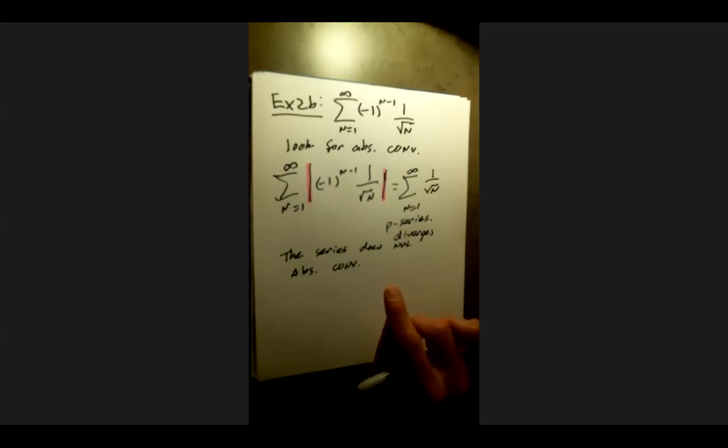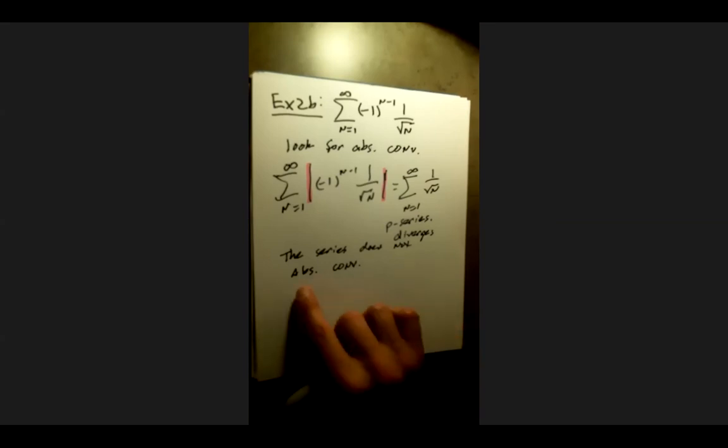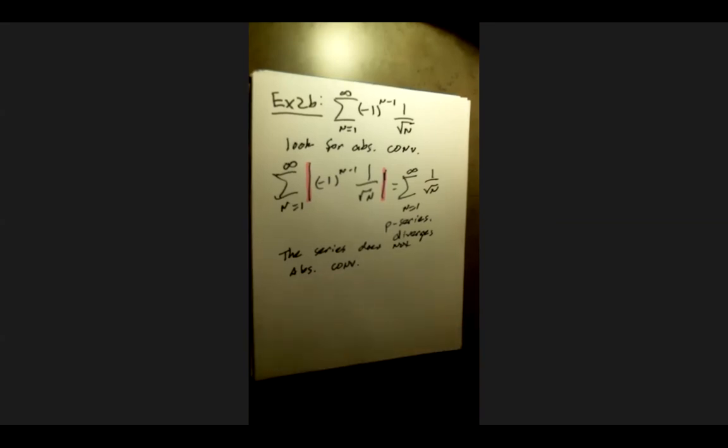So what do we still need to try to determine? It does not absolutely converge. We still need to figure out whether the series converges or diverges. And what test are we going to use to determine if this series converges or diverges?